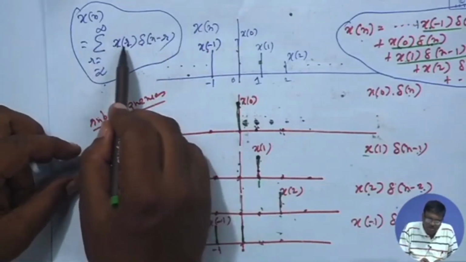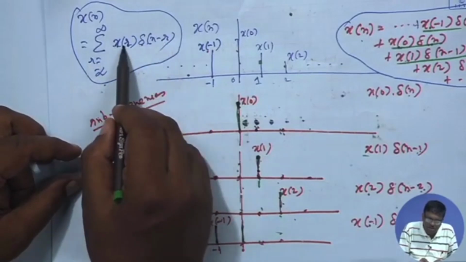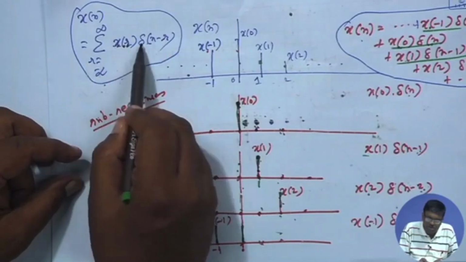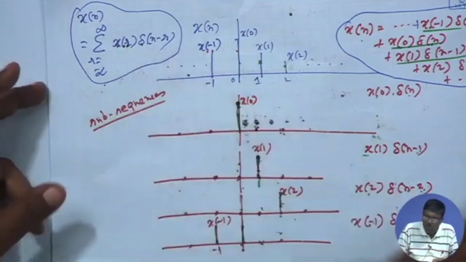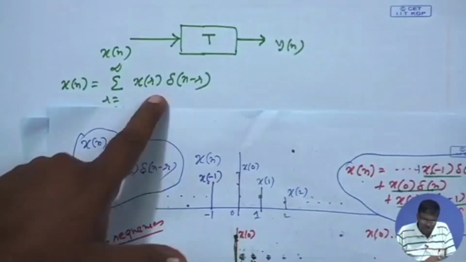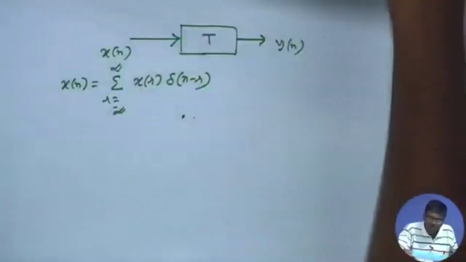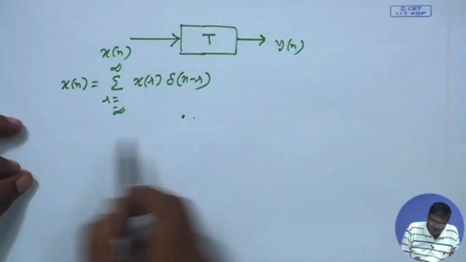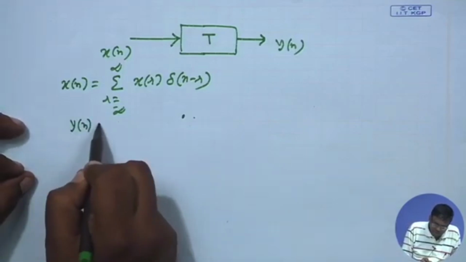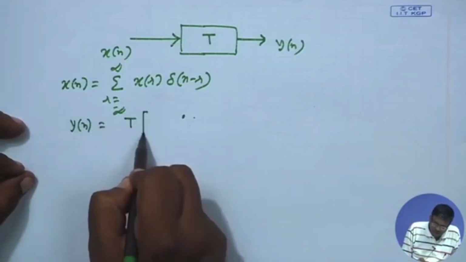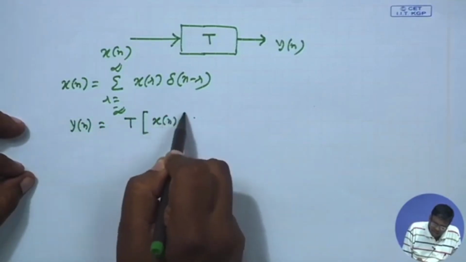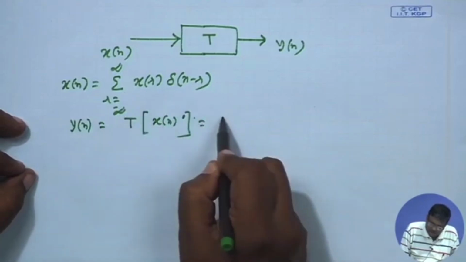So, we can write in a compact manner in this way, sum of x r delta n minus r, that is x 0 delta n minus 0, x 1 delta n minus 1, x 2 delta n minus 2, like that. So, that is what I will be using now, the same thing I am writing here. So, y n is T working on x n, right. Now, x n I substitute by this.